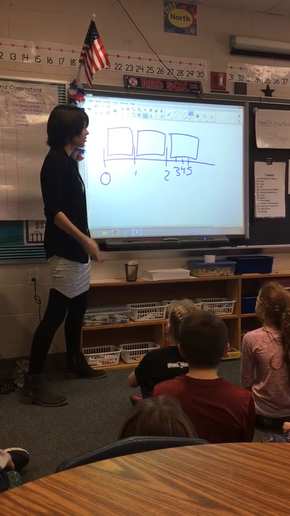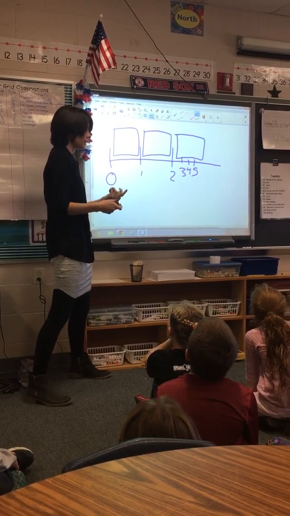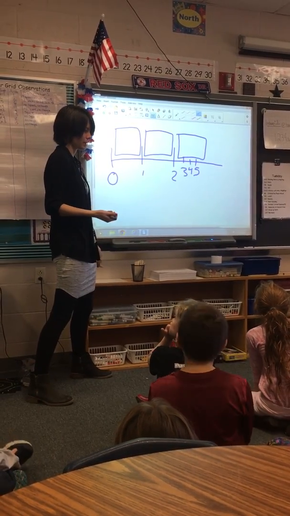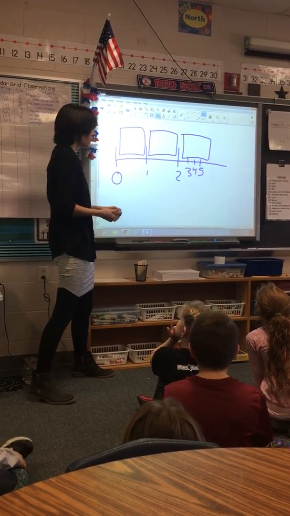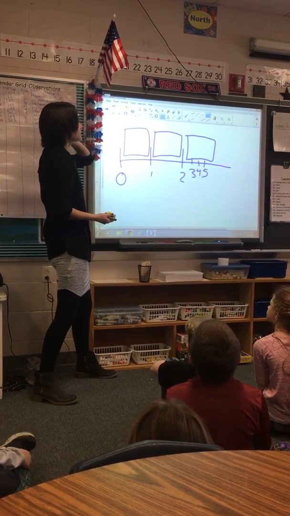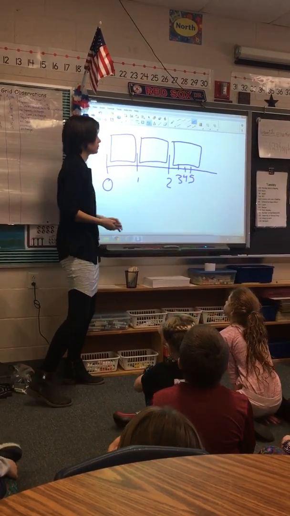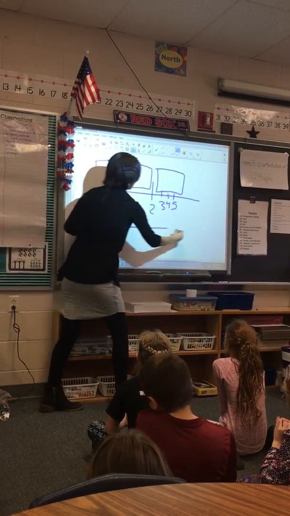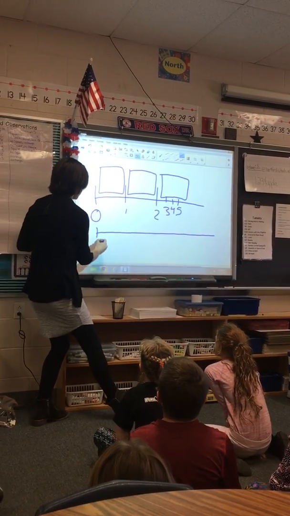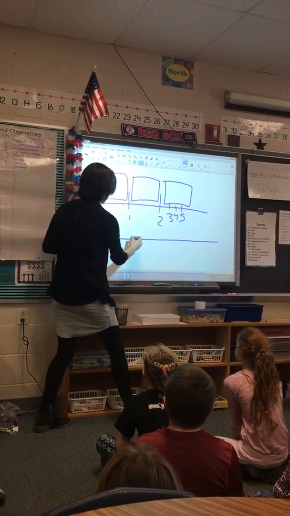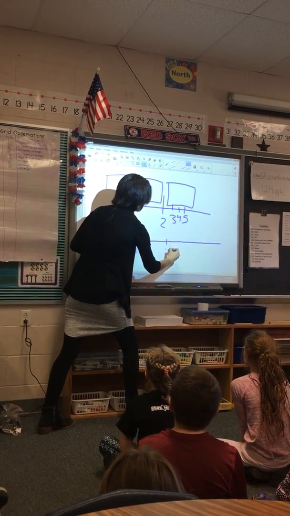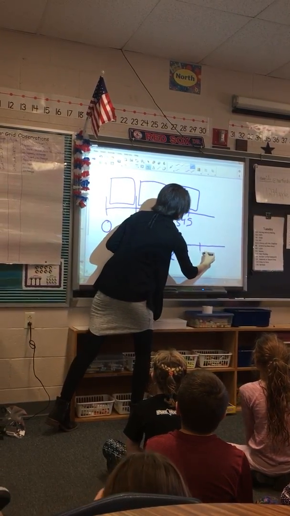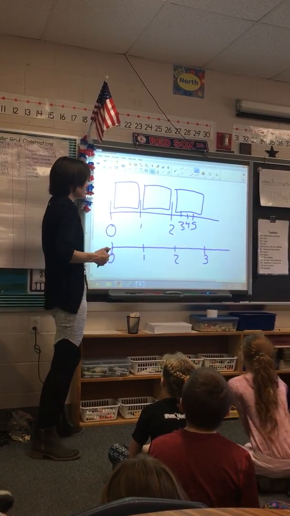But now my numbers aren't the same distance apart, and my blocks don't line up with the numbers anymore. So I want to have the same distance between my numbers. So if I drew this so that it lined up with my blocks, I would want to draw it like that.